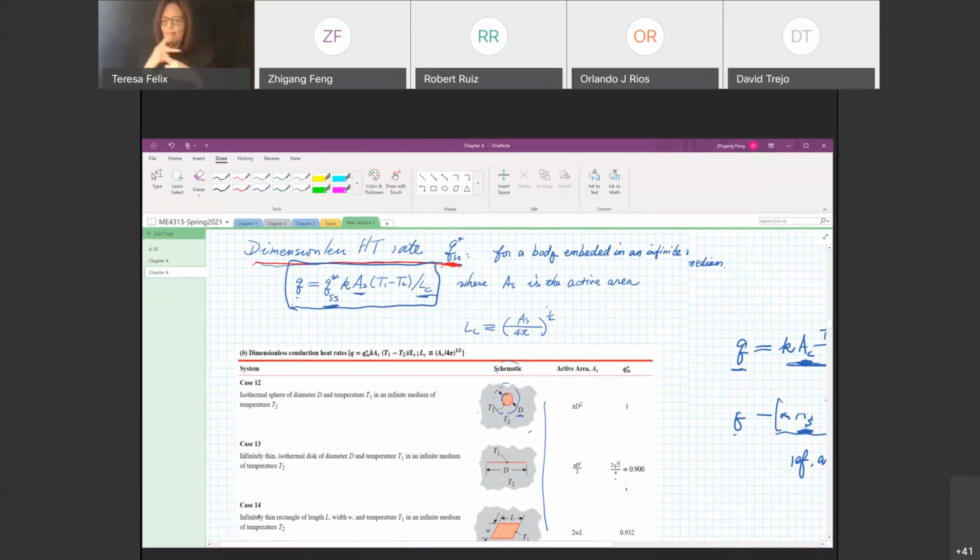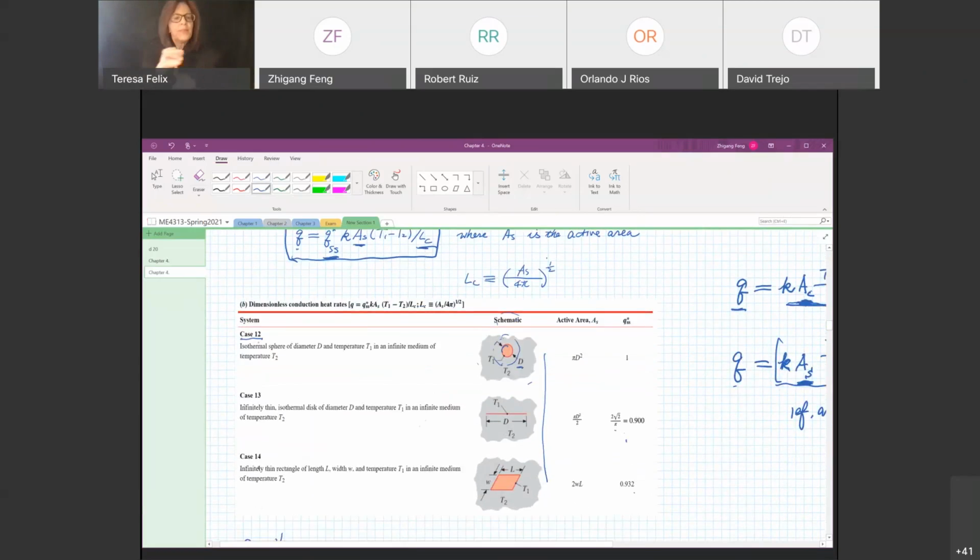So let's look at case 12. This is a case of a sphere embedded in an infinite domain. And the reference length is given by this equation. L sub C equals the reference surface A sub S divided by 4 pi, and then you take the square root.